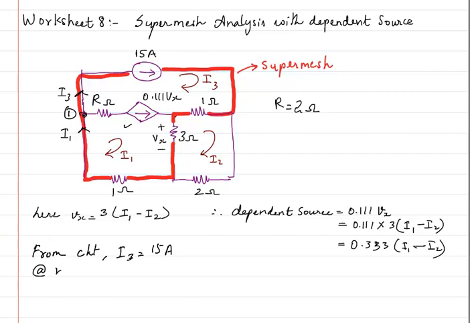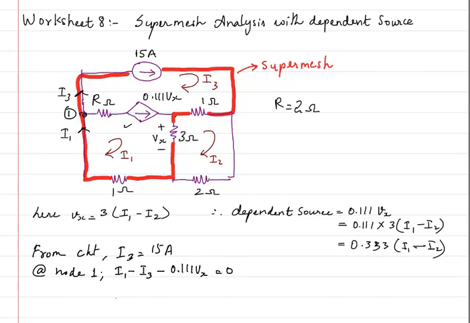At node 1, incoming I1, that is plus I1 minus I3 minus 0.111 Vx is equal to 0. So we have applied the KCL there.